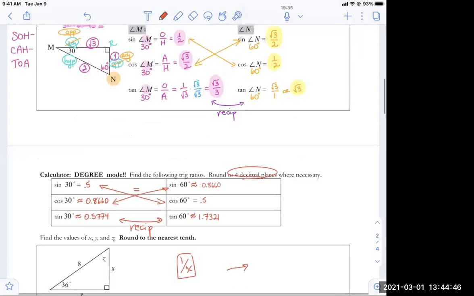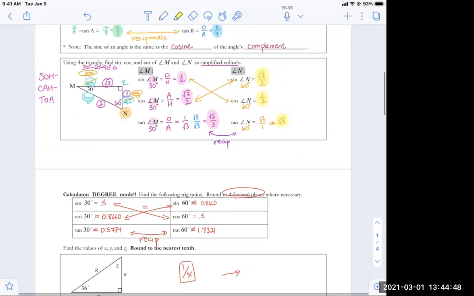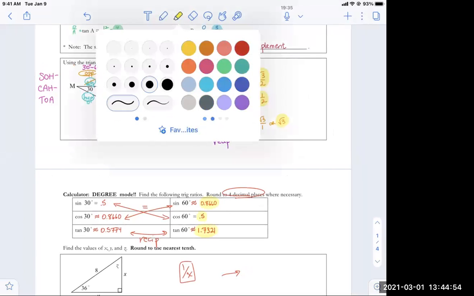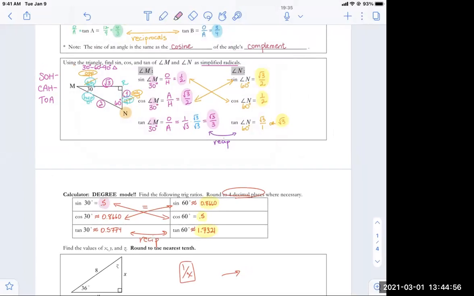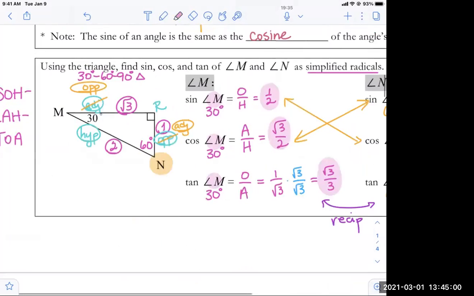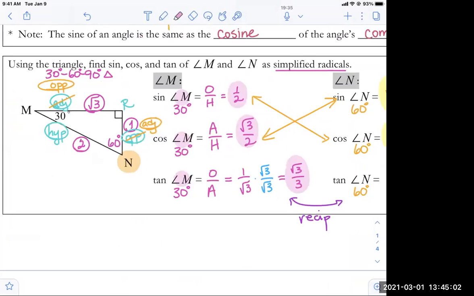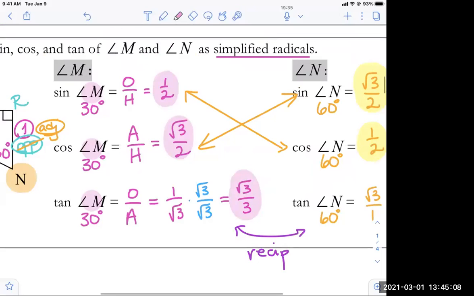Now I want you to notice the values that we got here. And this is what Sam asked me about. Do I want decimals or fractions? Because 30, 60, 90s, and this would also work on a 45, 45, 90, because they're special right triangles and we know those ratios, you are able to give a fraction answer as well, like in radicals, as well as a decimal answer.